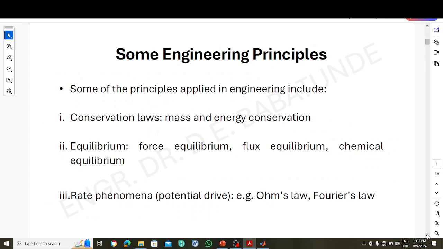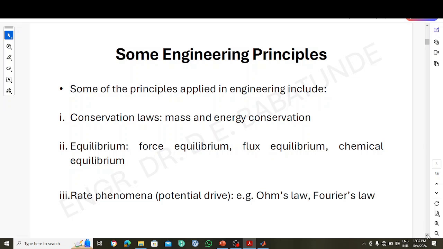It could be that the law of conservation is applicable to a problem. For example, your 211, I think, was part of what you should have done, or maybe they moved it forward. But the law of conservation: mass is conserved in your system, and energy is also conserved, sort of.